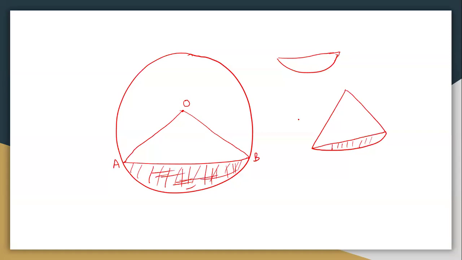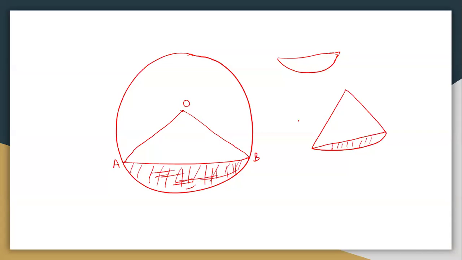Okay, yes, Olive. To get the area of the shaded part, you can first get the area of a sector. You also get the area of this triangle. Then you get the area of a sector minus the area of a triangle.